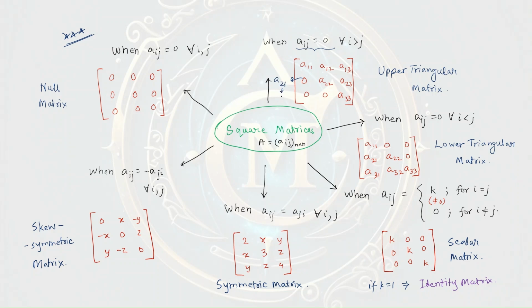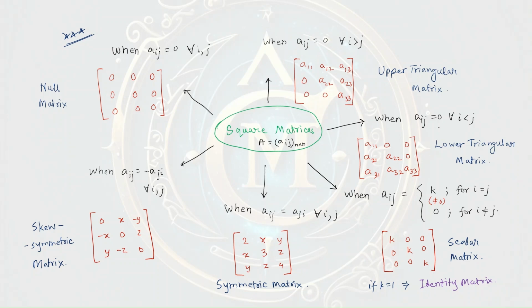Now this 2 is i and 1 is j, so i is clearly greater than j. That means this element must be 0. Similarly, these two elements will also be 0. So this matrix becomes an upper triangular matrix. We call it by this special name, so you have to keep this case in your mind.